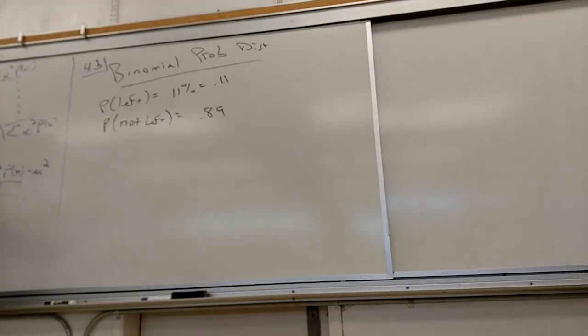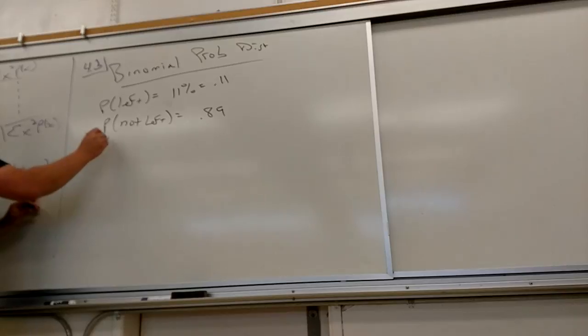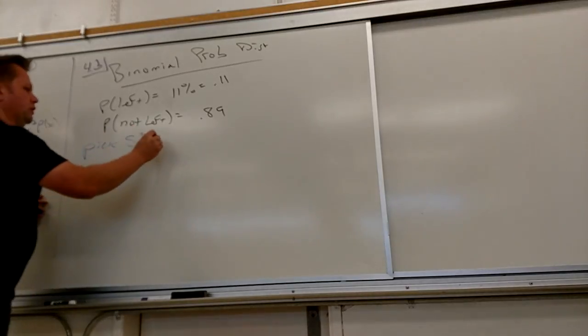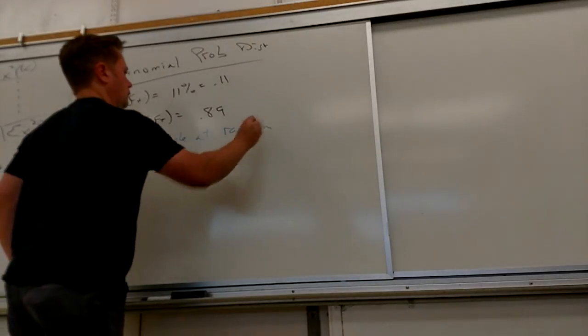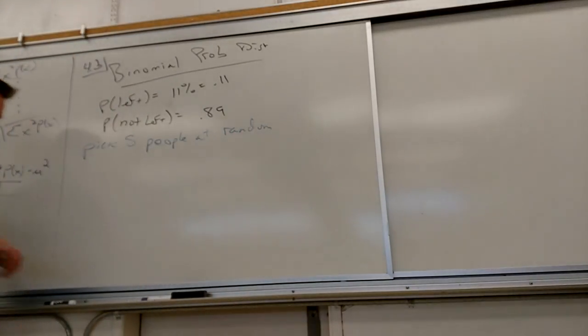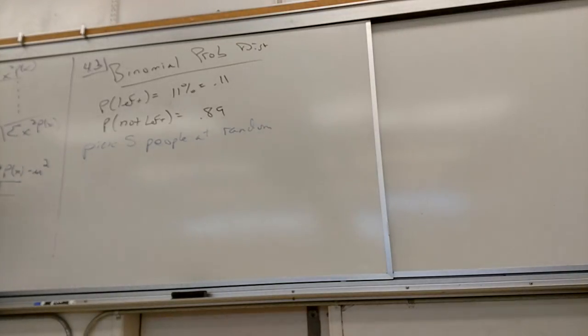Okay, so let's say I pick 5 people at random, and I want the probability that exactly one of them is left-handed.